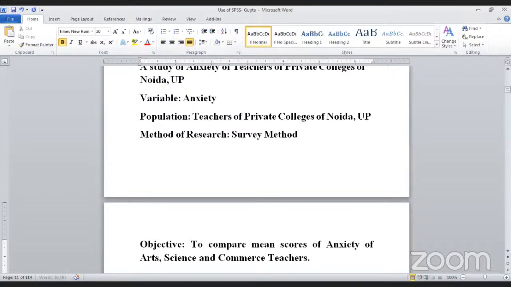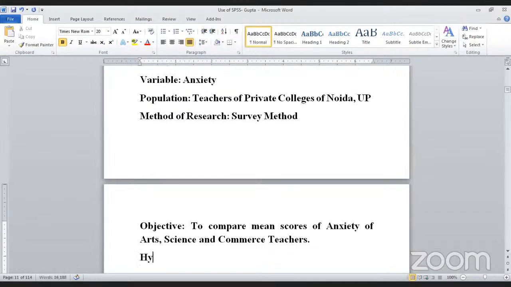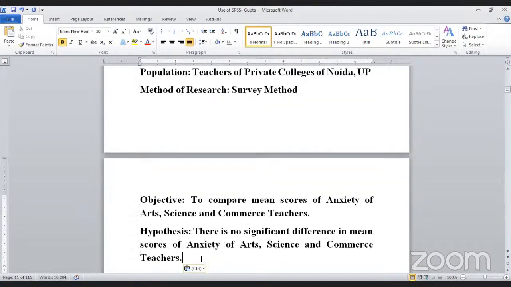If this is my objective, then my hypothesis is, I can copy this much and write: there is no significant difference in mean score of anxiety of arts, science, and commerce teachers.